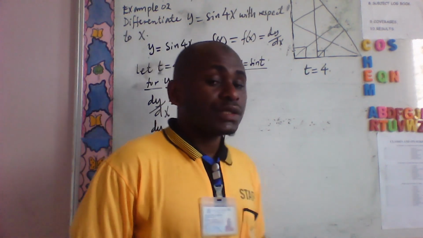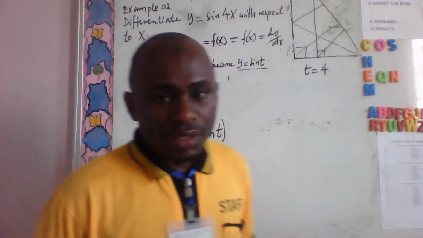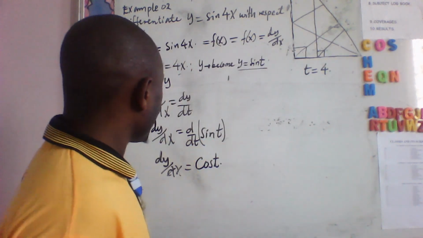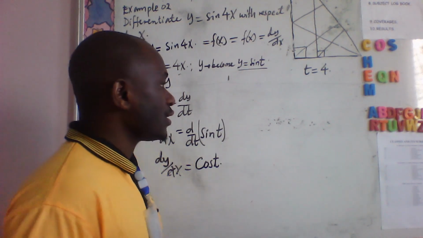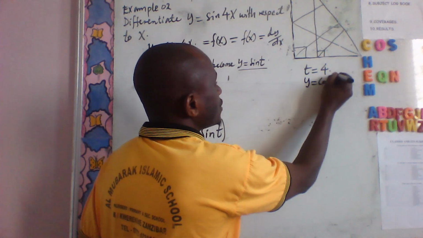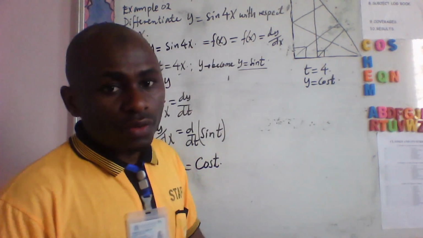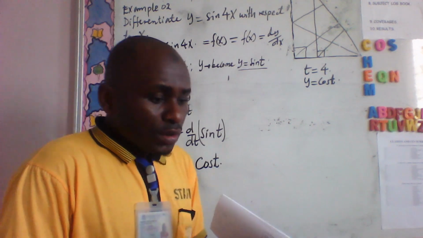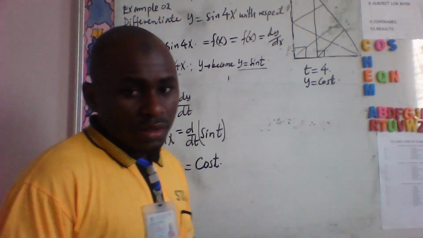This tells us that cos t is the value of y after differentiation. So y is equal to cos t. If it's cos t, here we are supposed to recall our chain rule.